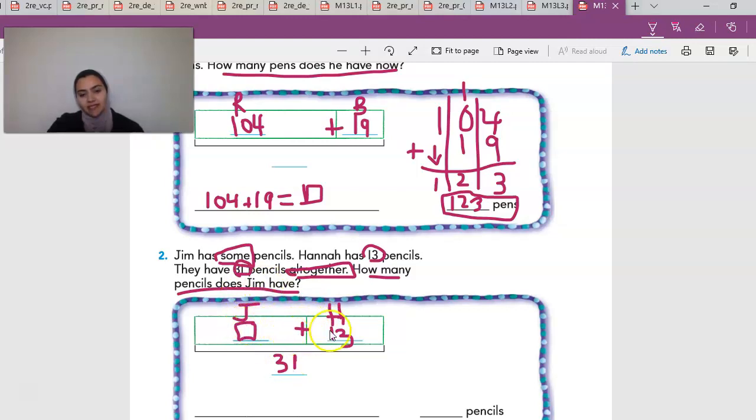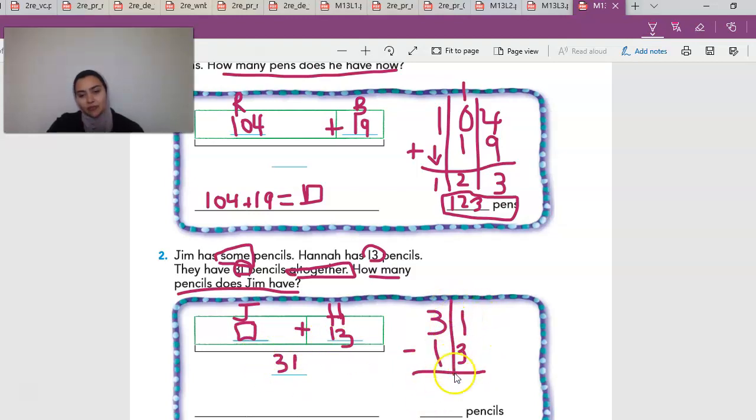So blank plus 13 is 31. So I have to find out what goes in this empty box. To find out what goes in this empty box, I have to do the opposite of addition, which is subtraction. So you have to do bigger, smaller, difference. 31, the total number of pencils they have, take away how many pencils Hannah has, which is 13, is going to give us how many pencils Jim has.